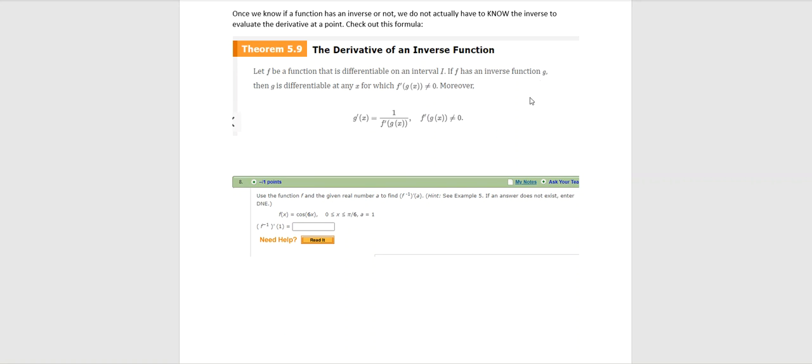In fact, remember, g is the inverse. So what this actually says is that the derivative of f inverse at x is the reciprocal of the derivative of the original function evaluated at that inverse point.